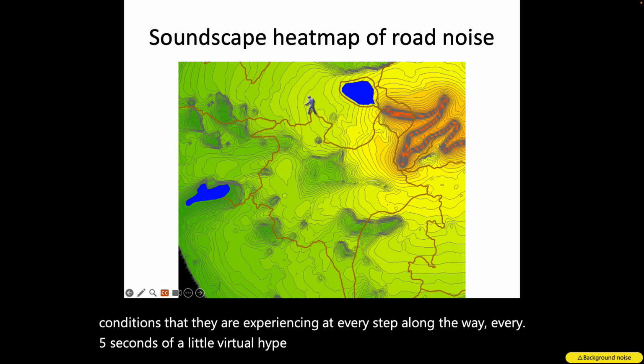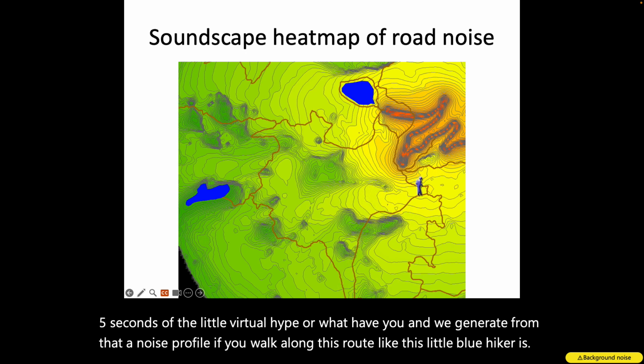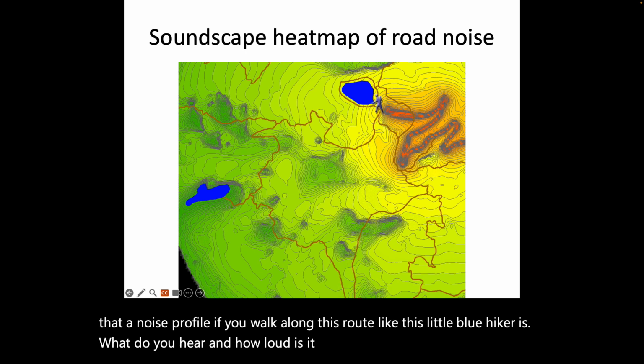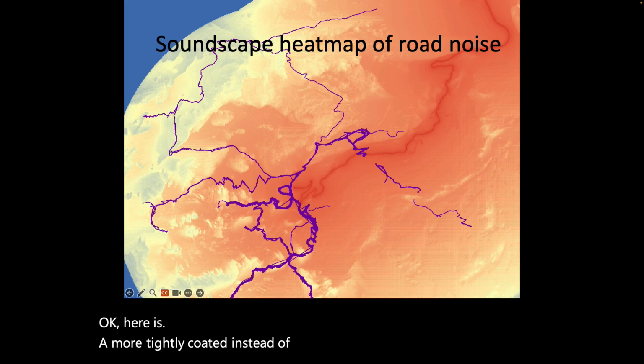And we generate from that a noise profile. If you walk along this route like this little blue hiker is, what do you hear and how loud is it throughout that hike?